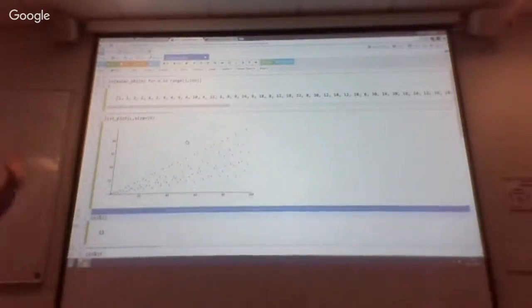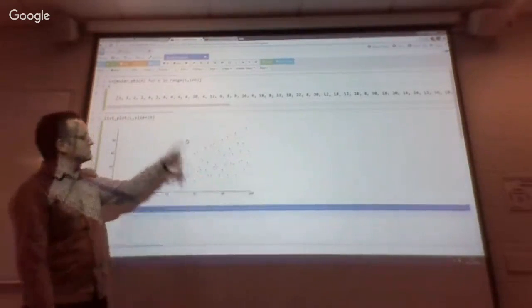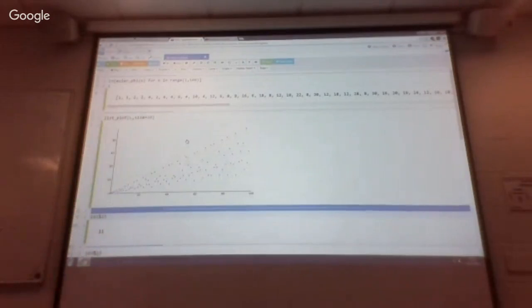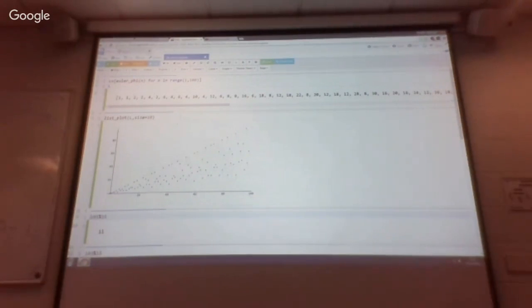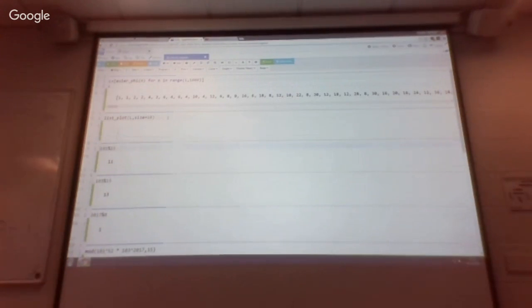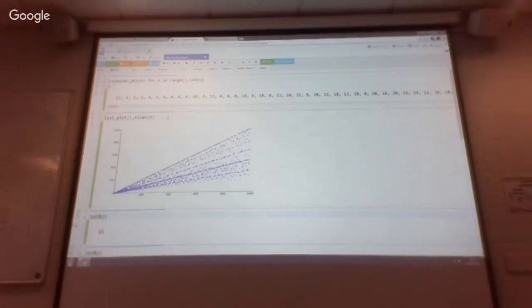So we could just compute, say, the first 100 values and just pick out the places where we see 12. The only problem with that is, as you increase the range, it's a little bit unclear whether there would be any more solutions for phi of n equals 12.